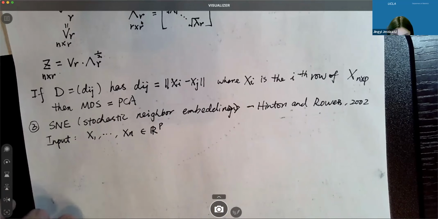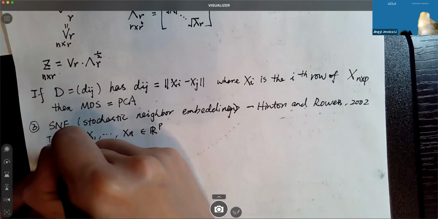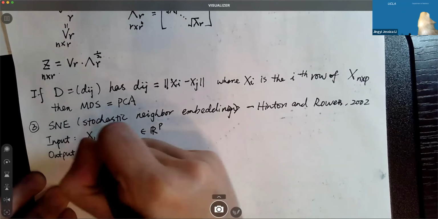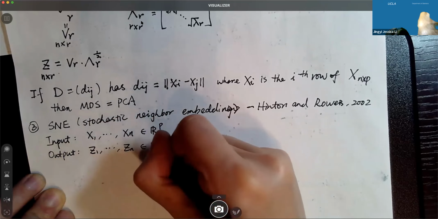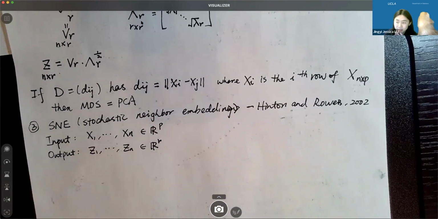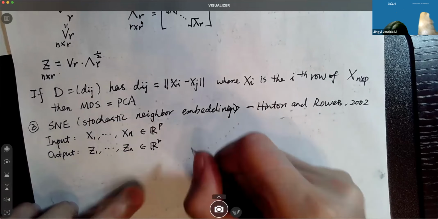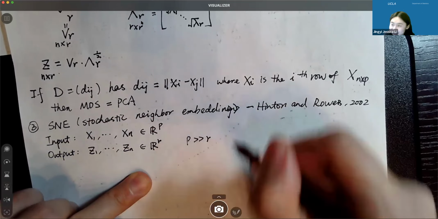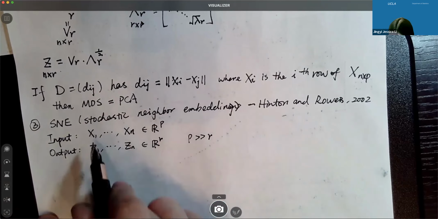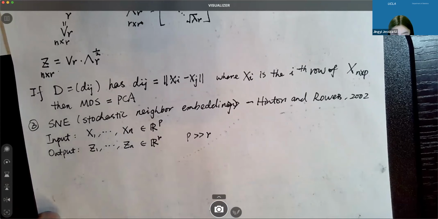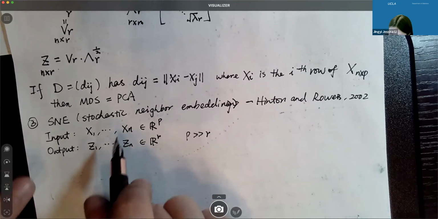And then our goal is still trying to find the output. Also, I'll stick with my notation, Z1 to Zn. Okay, so still a much lower dimension. So p is much greater than r. Okay, so what it tries to do is convert the pairwise distances between 2 points in the high dimensional space.